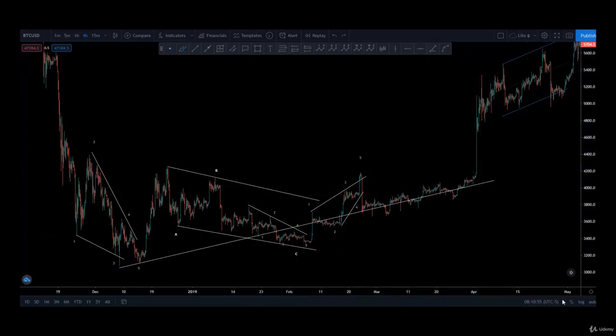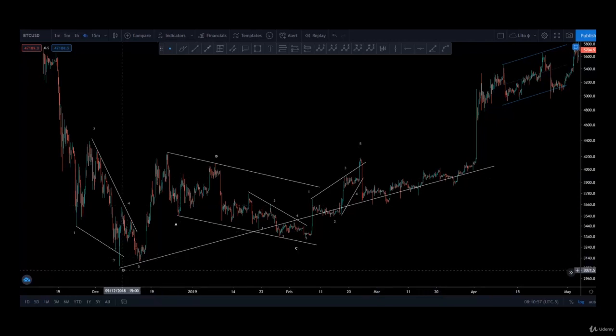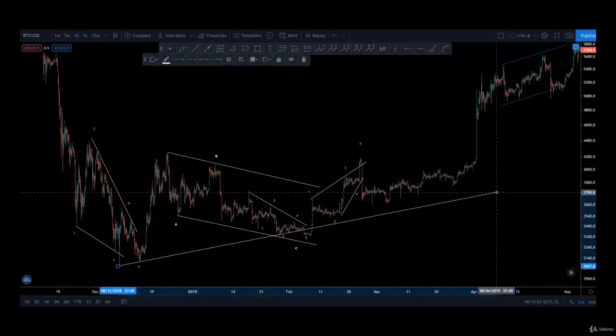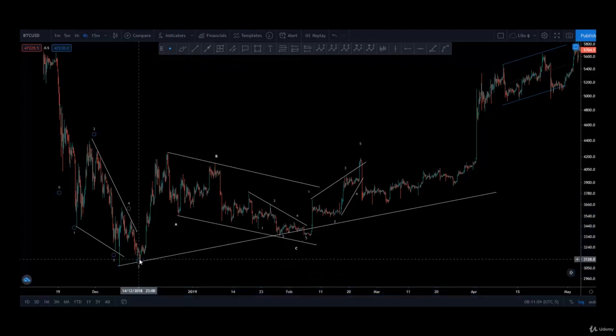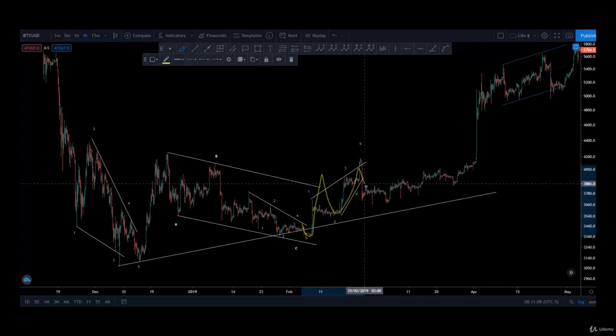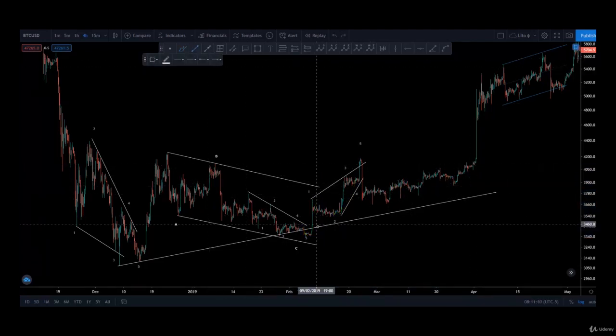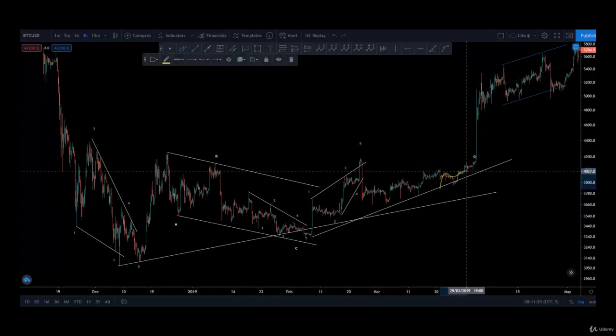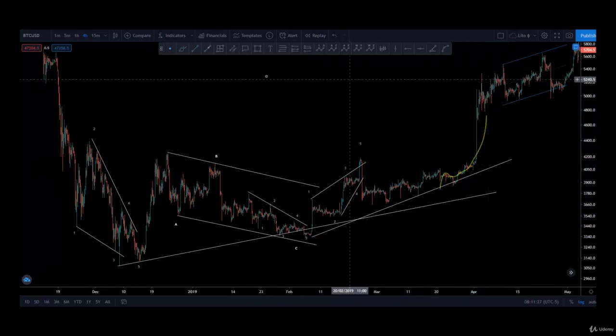If I use my log scale on, what you're gonna see here is we're using the wicks. Always use the wick, never use the body. And you can see that the price fakes out here and then it goes up. And I use another trend line here, and I can see that the price is eventually going to the top. Let's see another example here.